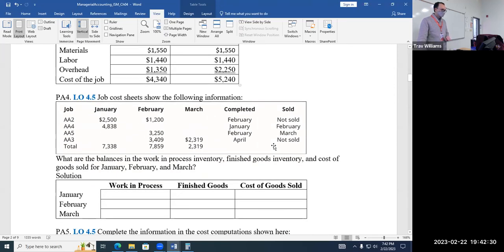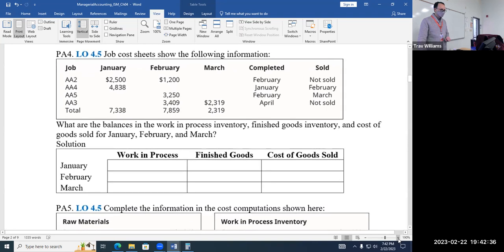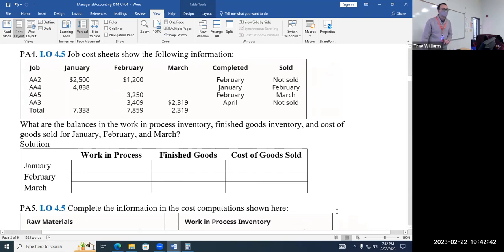Okay. Number 4 is a doozy. Yeah, this one used to always throw me off. I think I finally got the hang of it. The reason it's confusing is just the way that they lay out the data. We've got 4 different jobs. You can see those listed over here.